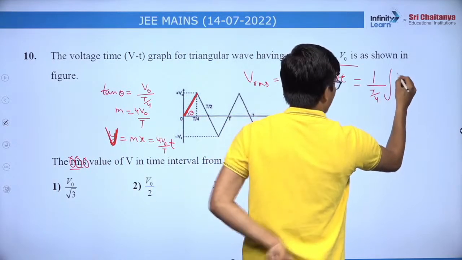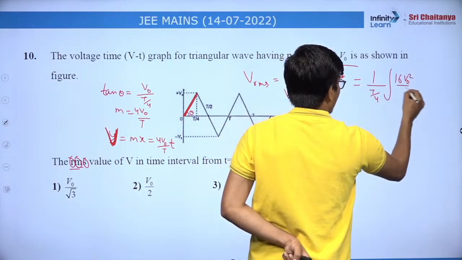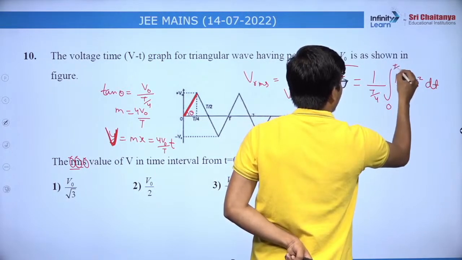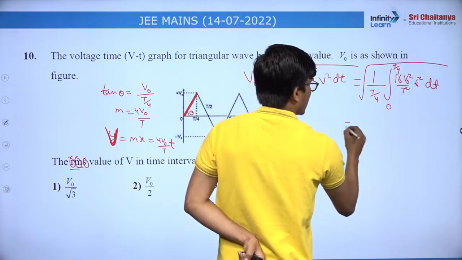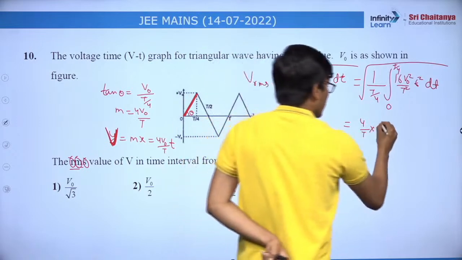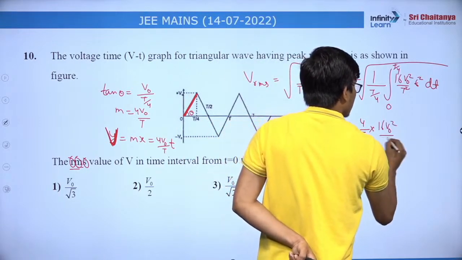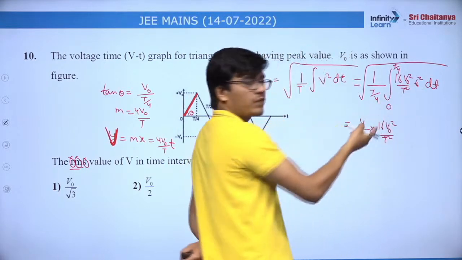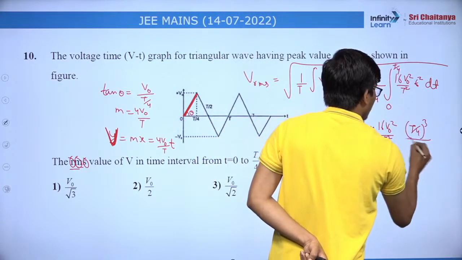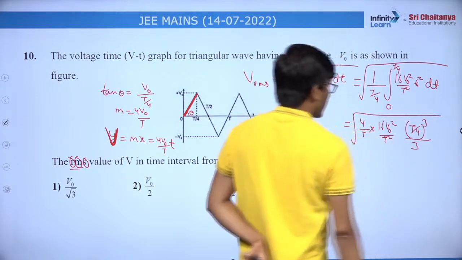Integration of V square means 16 V square by T square into dt, 0 to T by 4, and then take the root. So 4 by T is here. 16 V square by T square is constant. Integration of T square is T cube by 3, means (T by 4) cube by 3, and then take the square root.